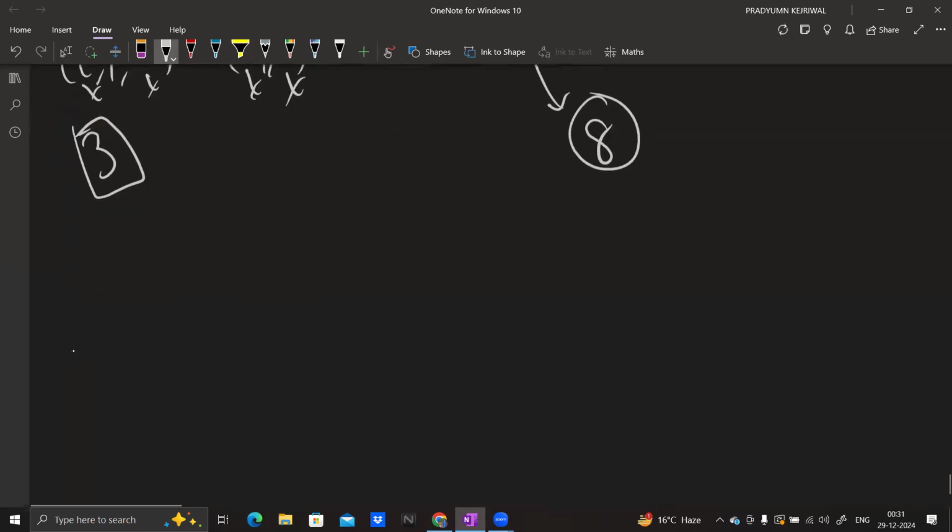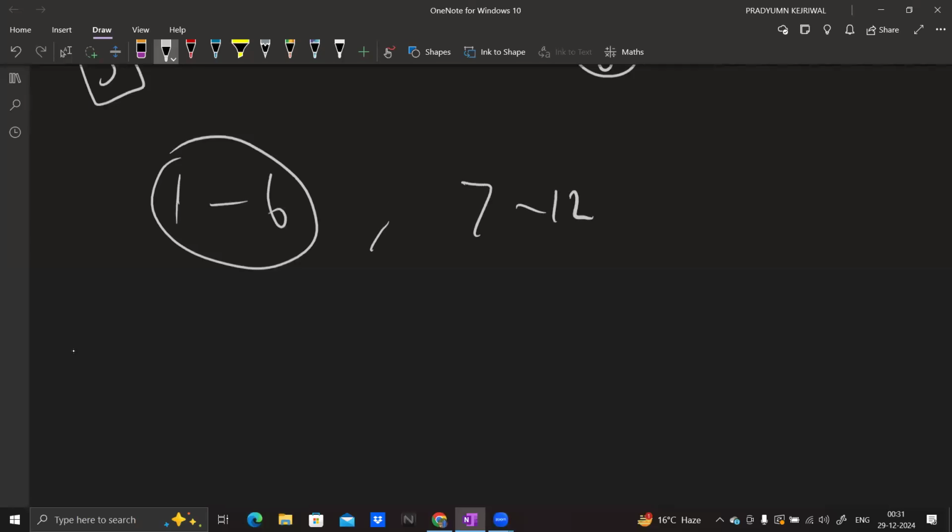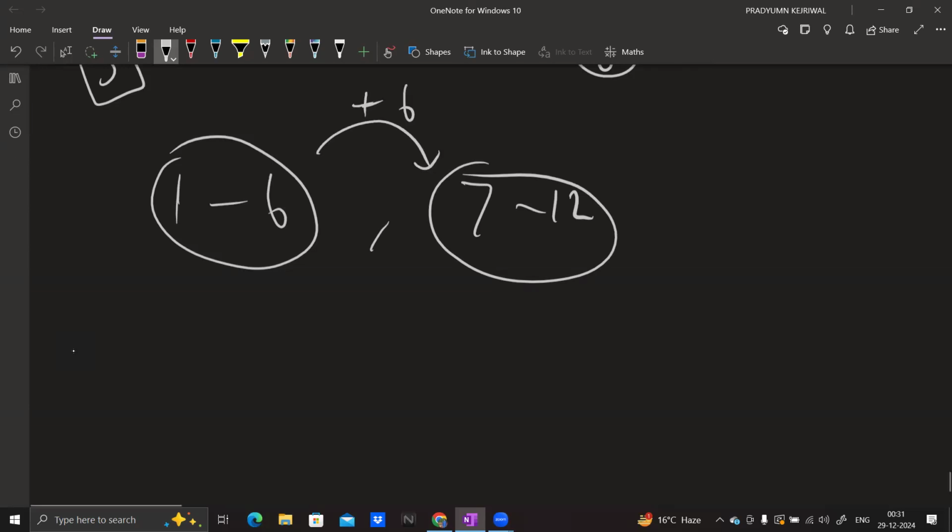Let's take another example. This was a pretty bad one actually. Let's say we have 1 to 6 and 7 to 12. They are both the same, just 6 is added.